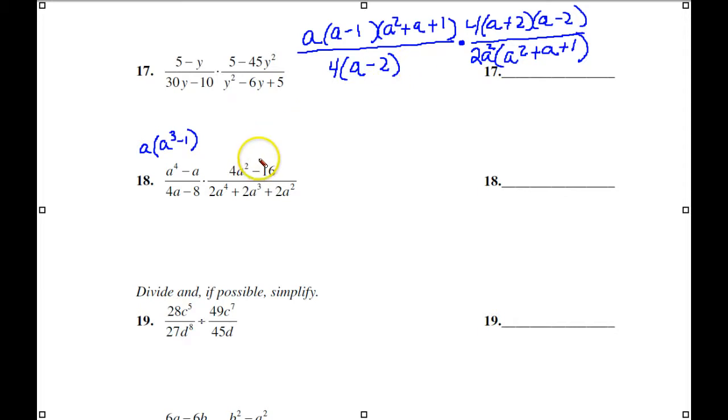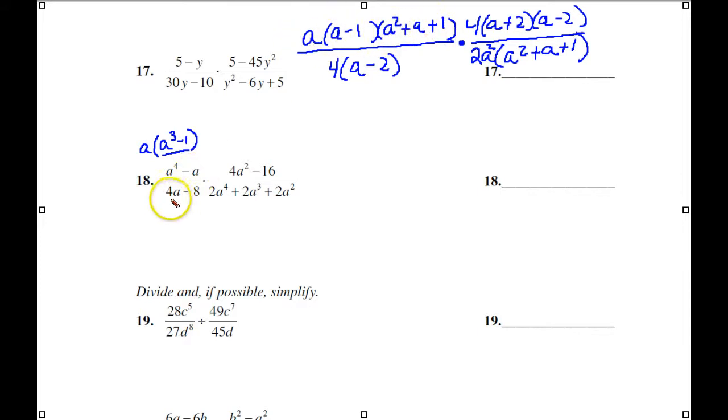Showing lots of items that we've done previously, but all combined into one problem. Notice when we could factor out a common a here, we get this. Now here, this is the difference of perfect cubes, which will factor into parentheses with 2 terms and one with 3 terms. And that was a technique we had in chapter 5.